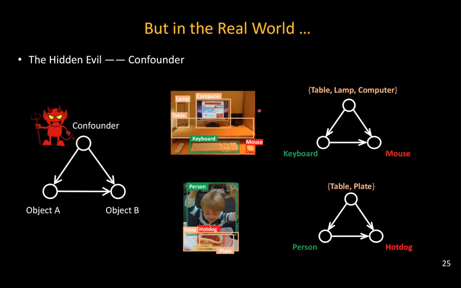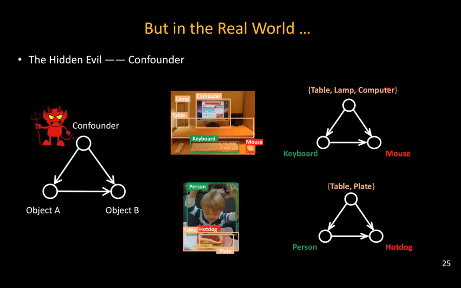The example is like, we can say observing a mouse causes observing a keyboard, because we know the underlying reason is that there's a computer. In an image, a table, a lamp, and a computer can all affect the existence of both keyboard and mouse. So we can say it is a confounder.